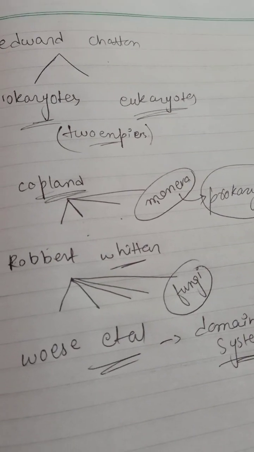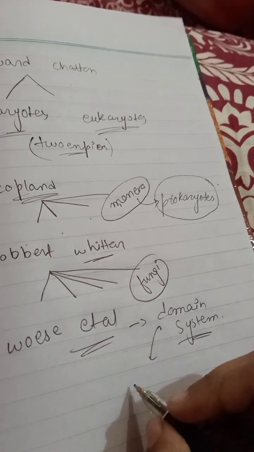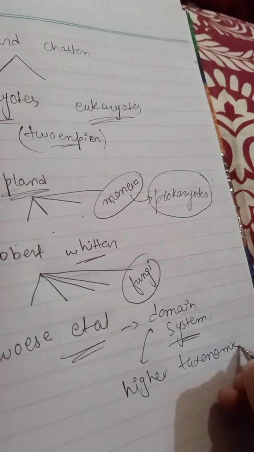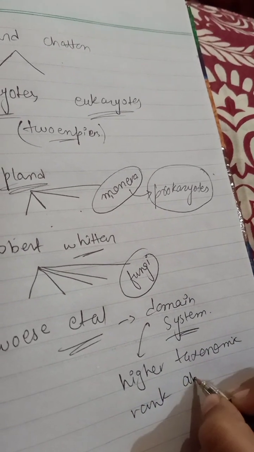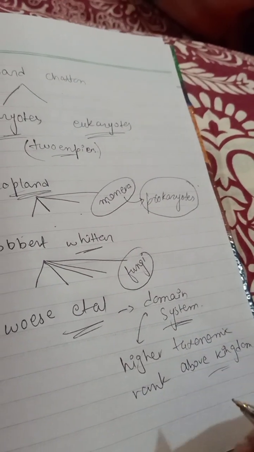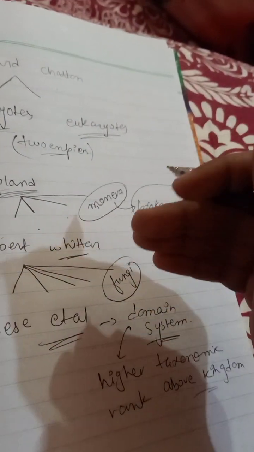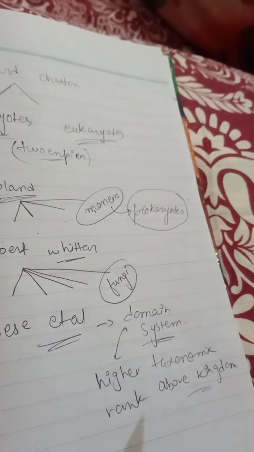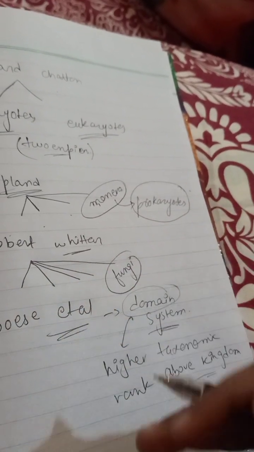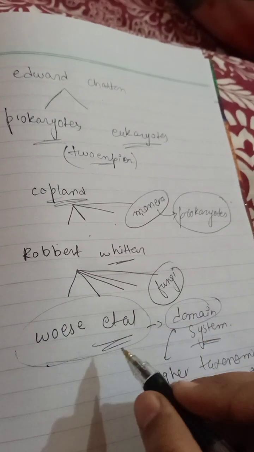Domain is the higher taxonomic rank above the kingdom. We have the five kingdoms, and above them we have one more taxonomic rank, that is the domain, given by Woese et al.